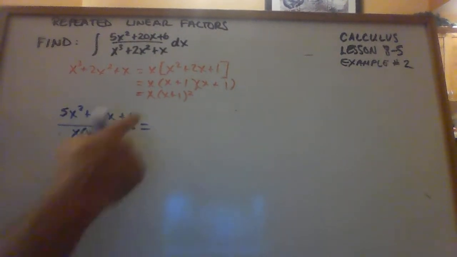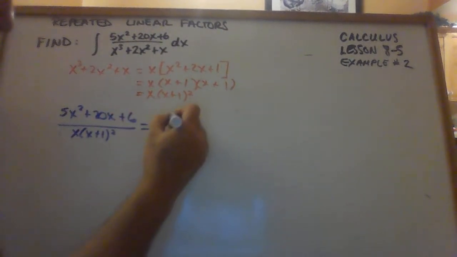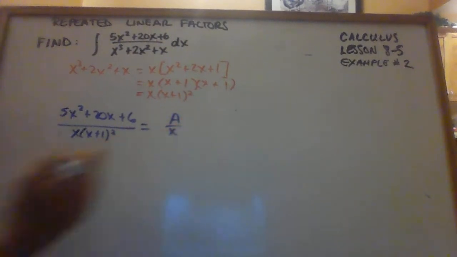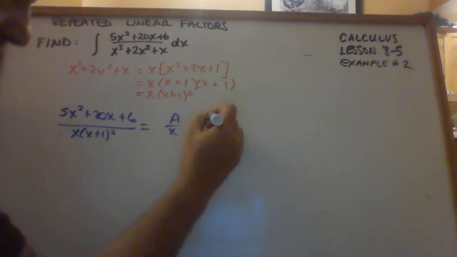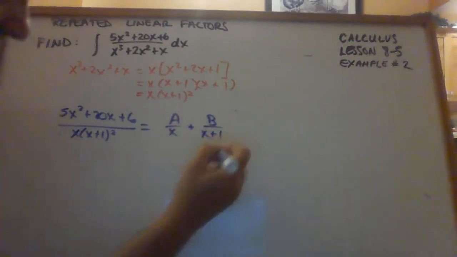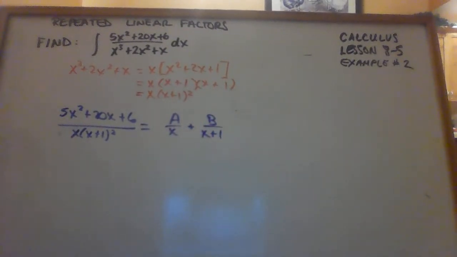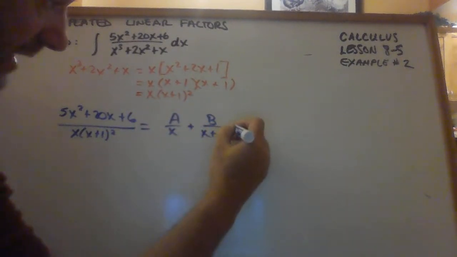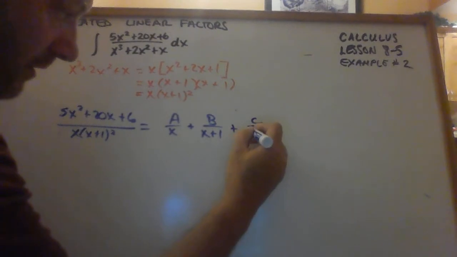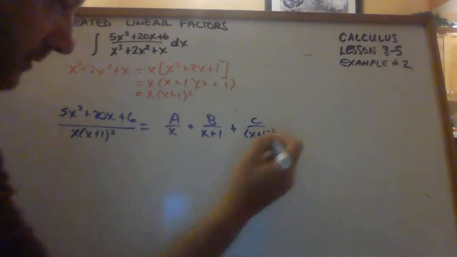And this is going to equal a over x, since one of my terms is just x. My next term is x plus 1, so it's going to be b over x plus 1. And then I have to have another term. Since this is squared, I have to have one for the original term, and then one for the squared term.